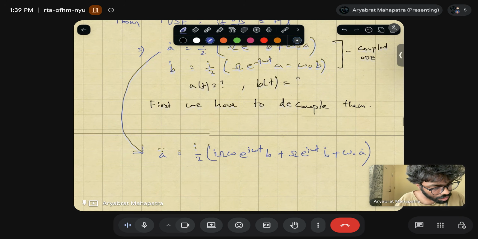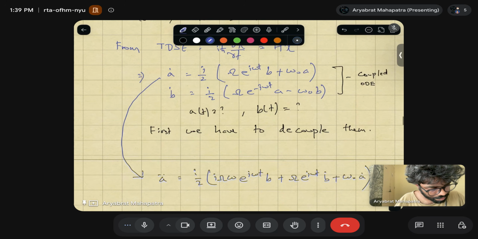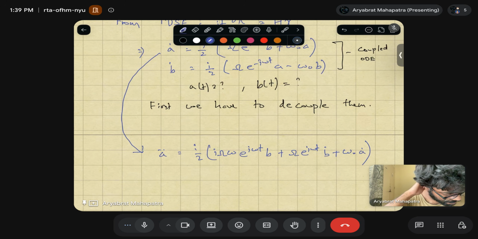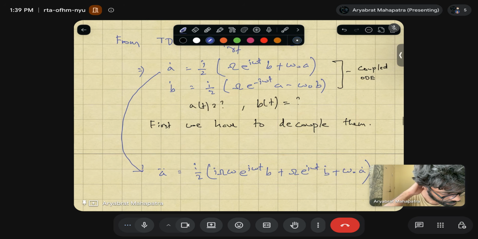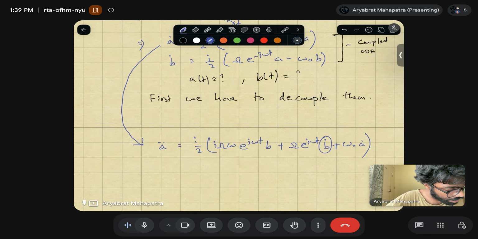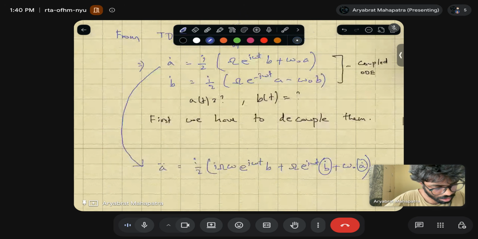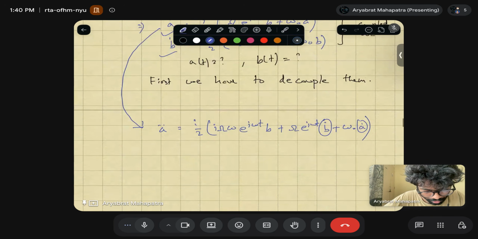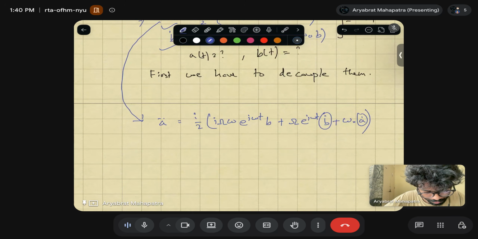And then if I use the expression of B dot and also A dot from here, I can get an expression fully.